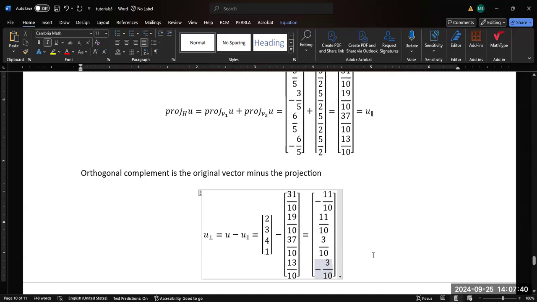But if we're just looking for the projection of this particular vector onto the space, we can't clear the fractions. We can't multiply by 10 because if we cleared all the fractions, then the two vectors wouldn't add up to the original vector anymore. So as a projection and an orthogonal complement, we have to leave it be.